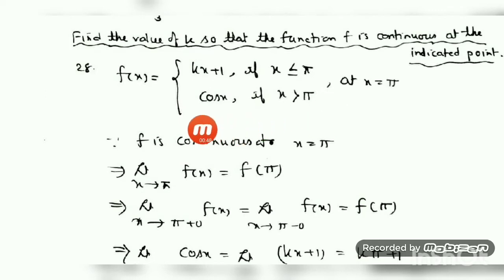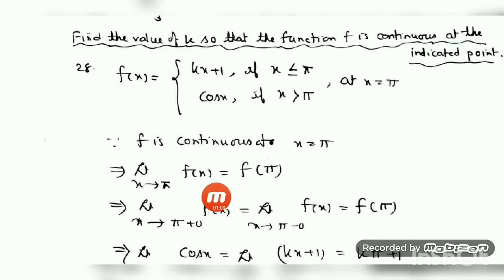So what is given here? It is given that f(x) is continuous at the point x = π. Since f(x) is continuous at x = π, we can say that the limit as x tends to π of f(x) is equal to f(π). This is by the definition of continuity.